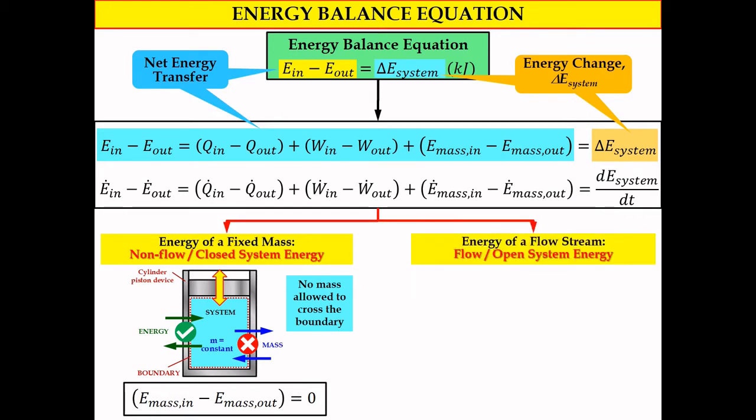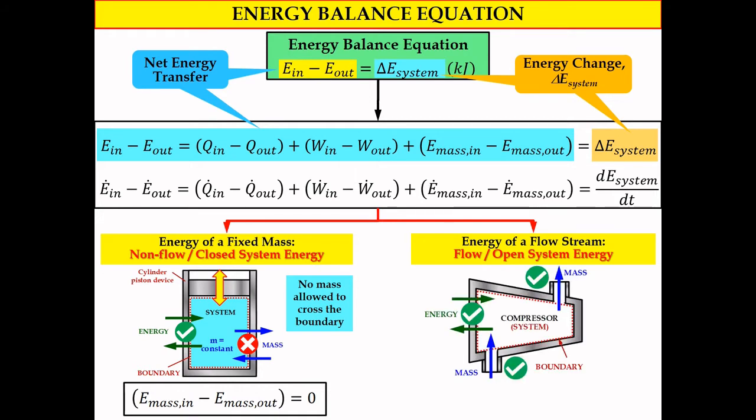However, for the energy of a flow stream system, or flow system, or open system energy, as shown in the schematic diagram, here is an example of a compressor. We have an inlet and outlet. For the open system, we allow energy transfer across the boundary, and we also allow mass transfer across the boundary. So mass is allowed to cross the boundary of the open system.